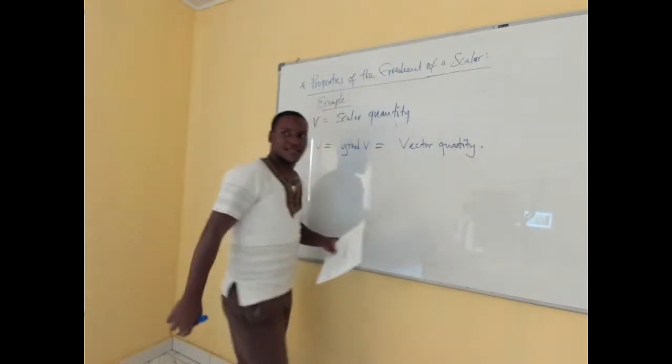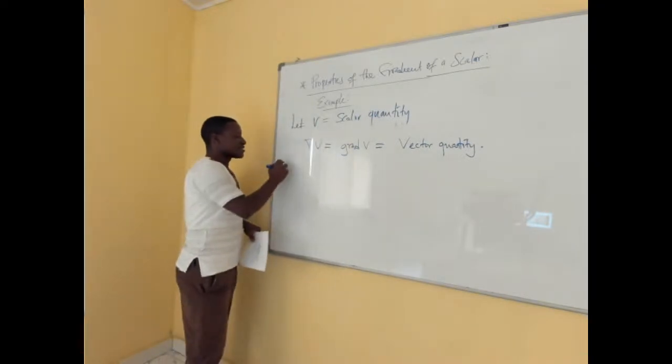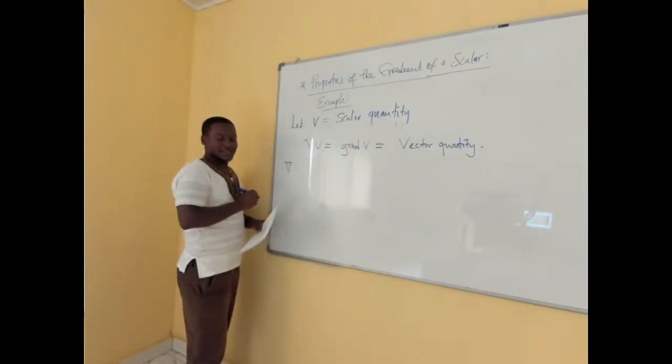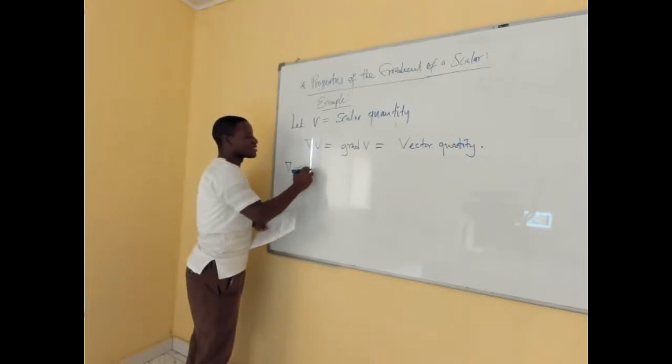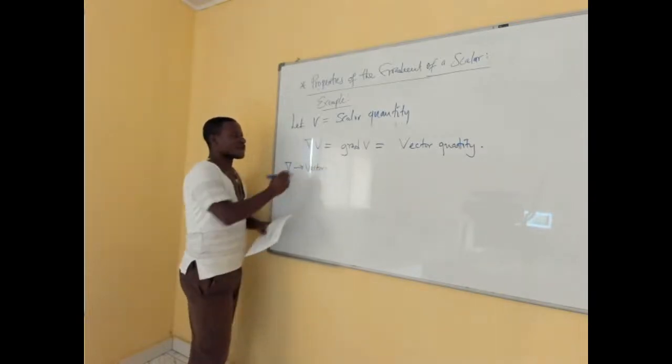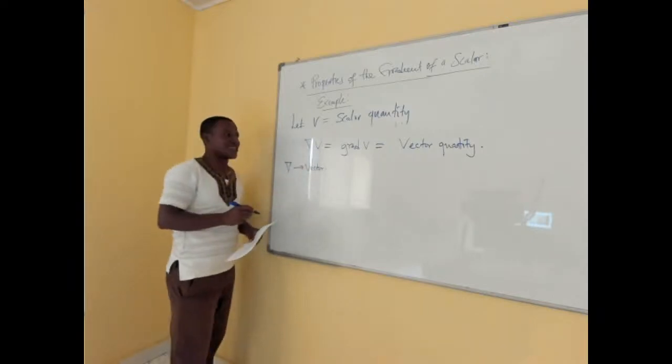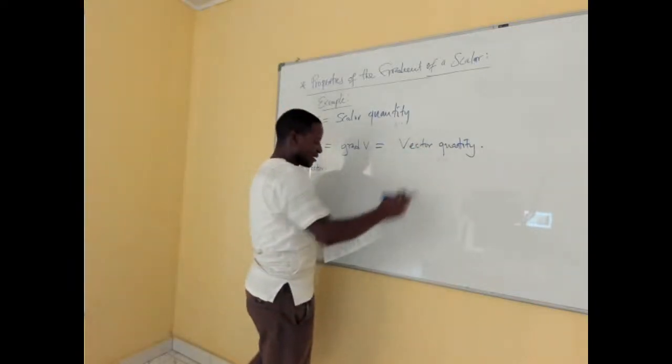We remember that del, in simplicity, is a vector. So if a vector is multiplying a scalar, what we get is a vector quantity.